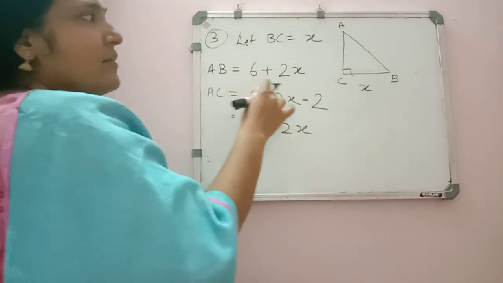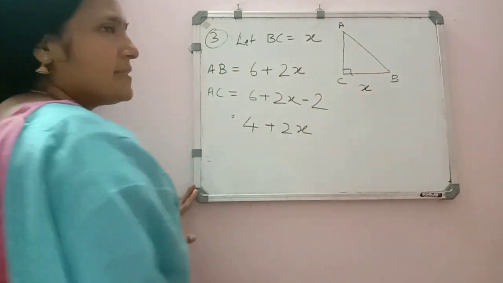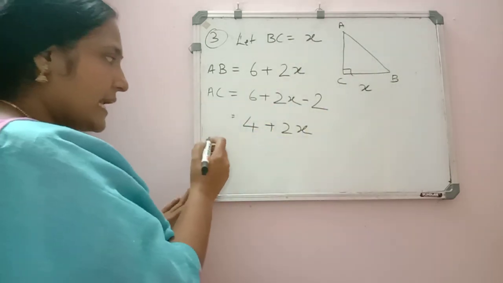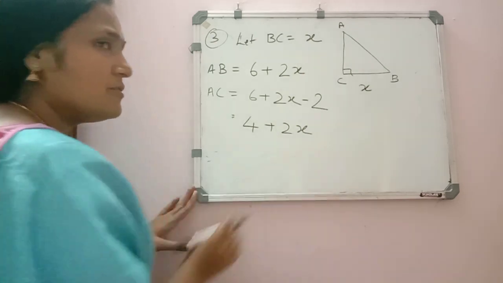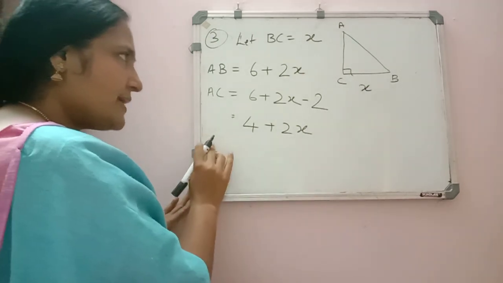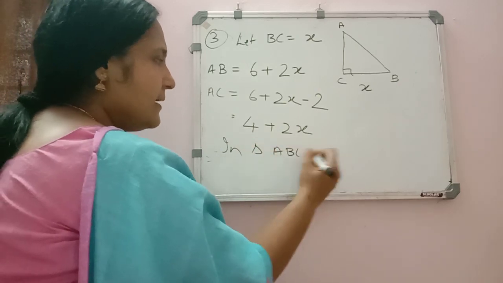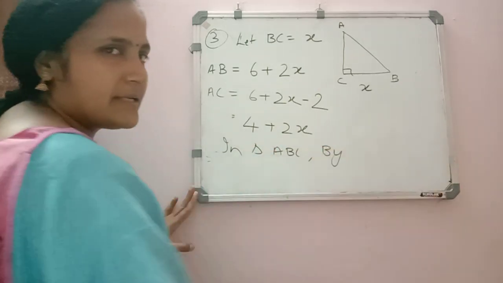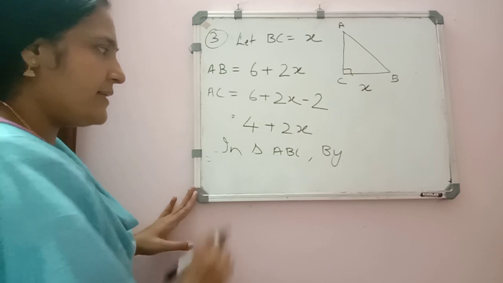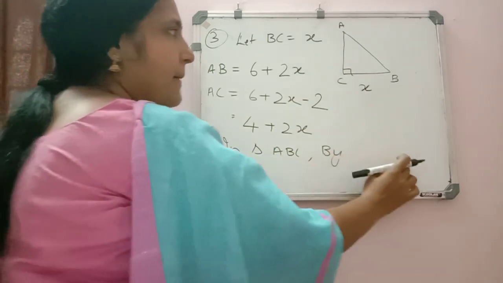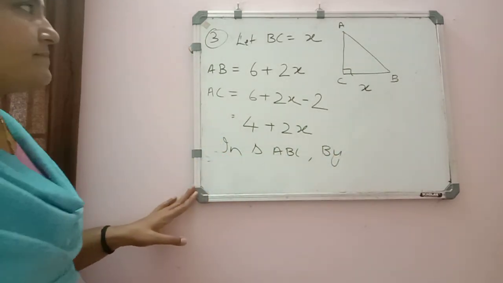In our question we have taken the hypotenuse as AB. So always mention that we are going to use Pythagoras theorem. You should write, in triangle ABC by Pythagoras theorem. Hope all are writing it.